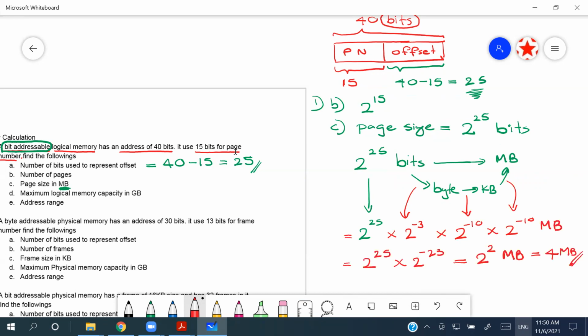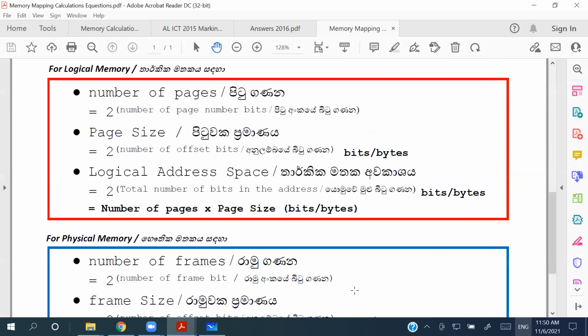Right, so that is the answer for part C. And part D says maximum logical memory capacity. Now, if you look into your equations, you won't be able to see something called maximum logical memory capacity, right? So maximum logical memory capacity means logical address space. It's better you mention that.